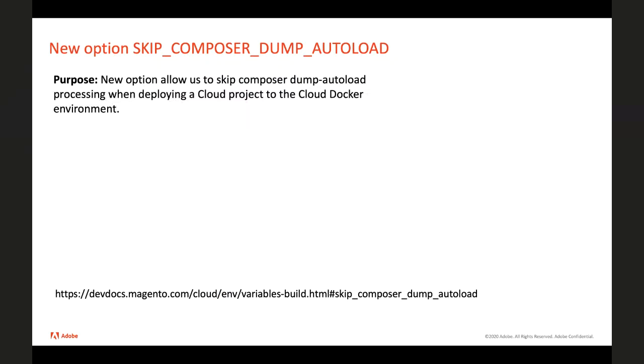But with Magento Cloud Docker, there are situations when you have a writable file system, like if you use Docker Compose with the test option, and you can run bin/magento setup:upgrade without the keep-generated option. And in this case, the generated directory will be deleted and the composer dump autoload command fails because autoload contains links to files in the deleted directory. So this new option was added to resolve some issues on Docker.